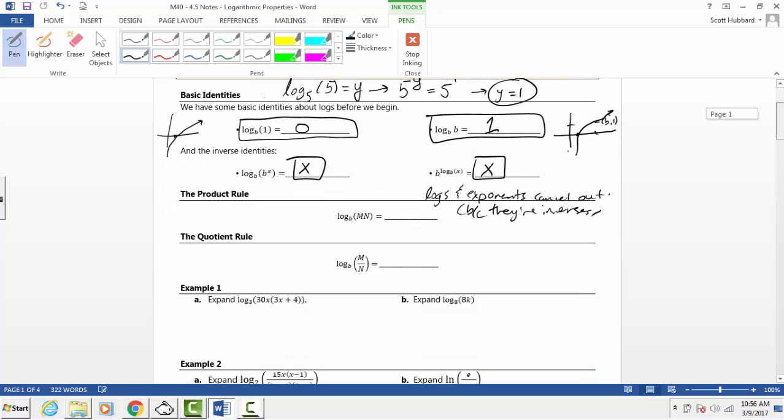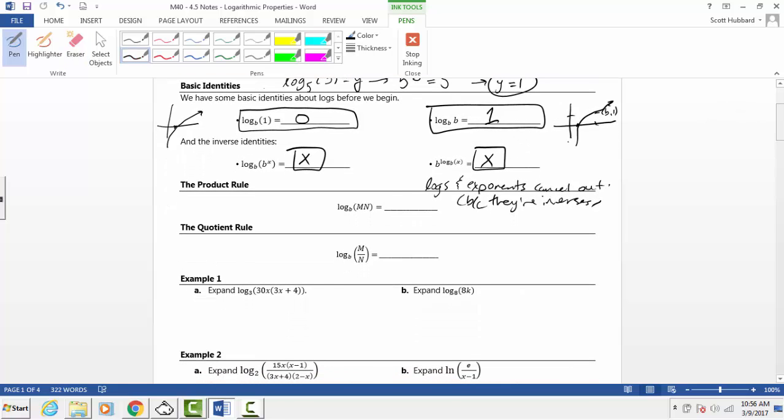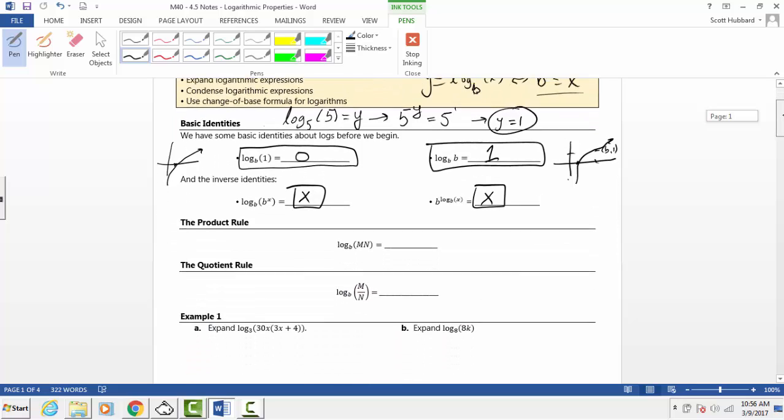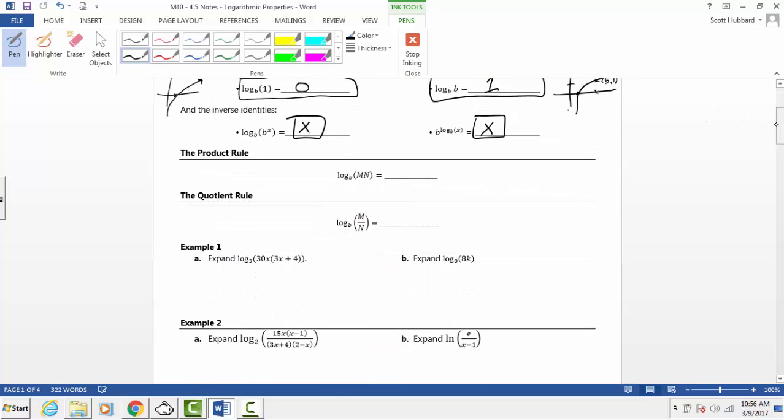So we're going to learn some more rules now, though. So those are just the basics. Sorry, 3 rules we want to learn today: product, quotient, and power. And the first one is called the product rule. I'm just going to write it out for you here. So this is going to equal log base b of m plus log base b of n.